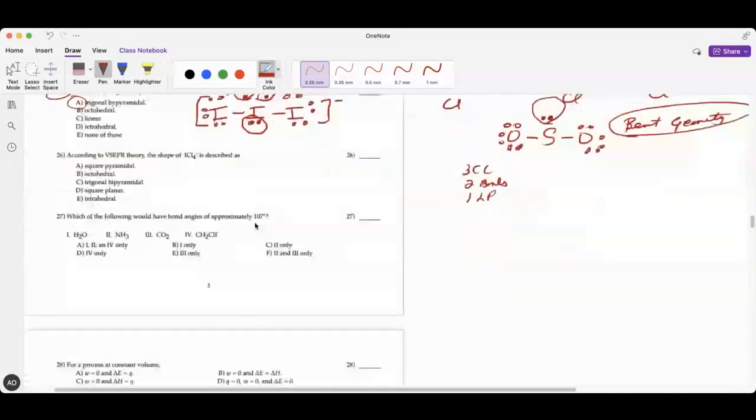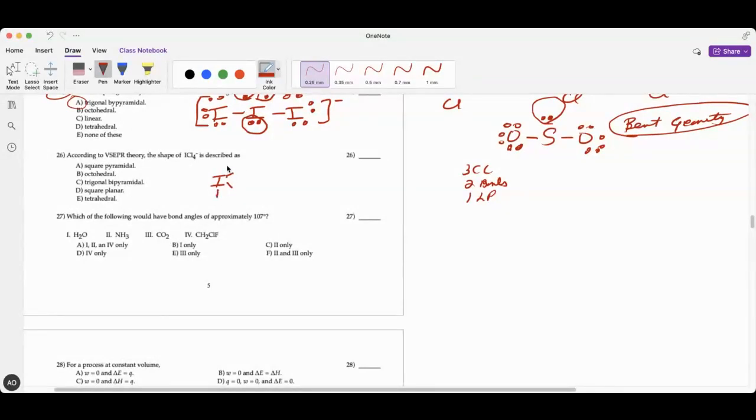Okay. According to VSEPR theory, the shape of this ion is described. D. Square planar. Okay, let's see.